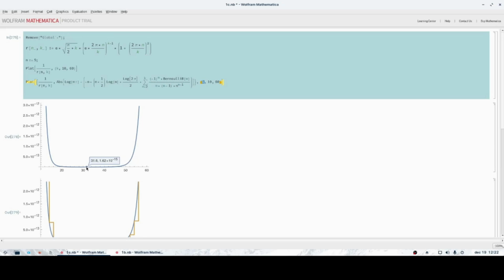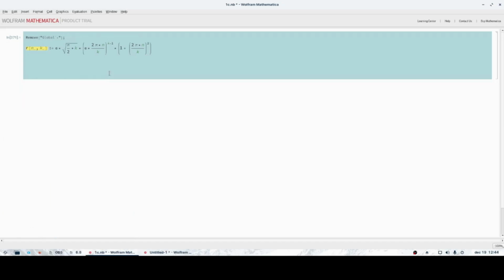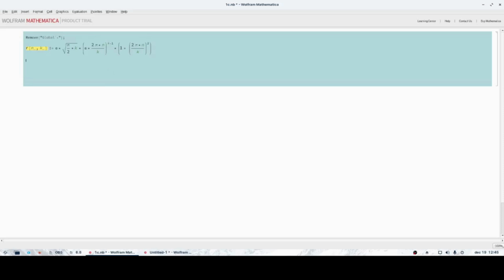And for that we need to calculate the derivative of this function and find the point where it's 0. Software can help us calculate the derivative of the function.